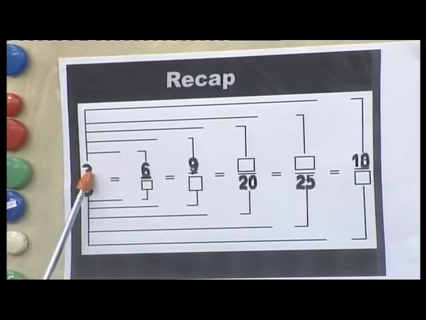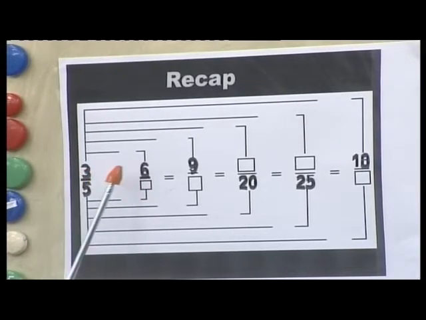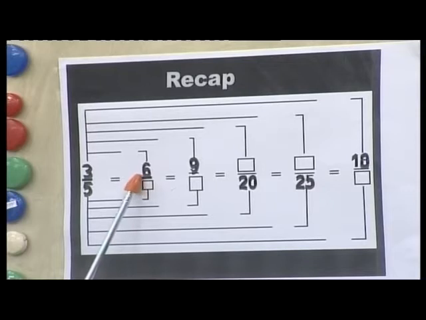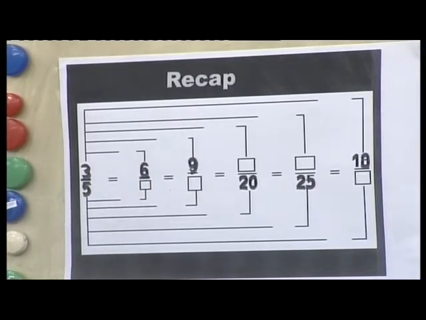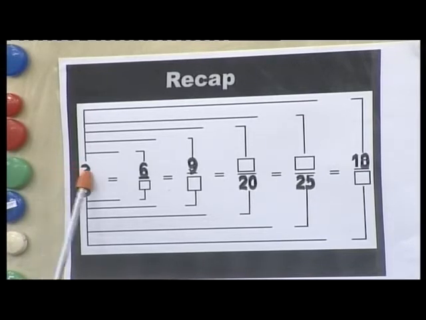Seeing that 3 and 6 are given, what number have you used to multiply with 3 to get to this 6? We'll do that before we select students to come and complete the whole table.